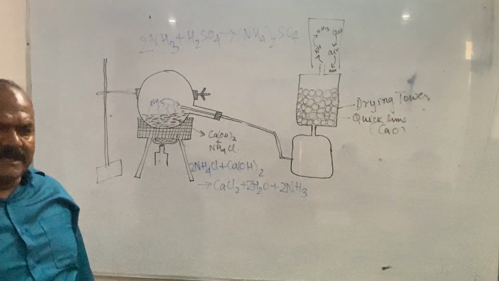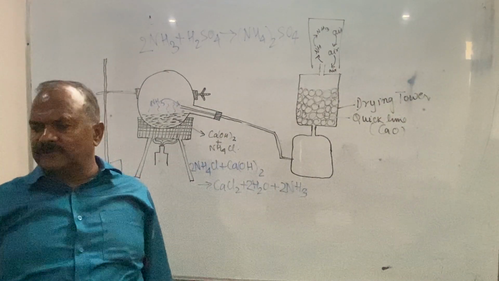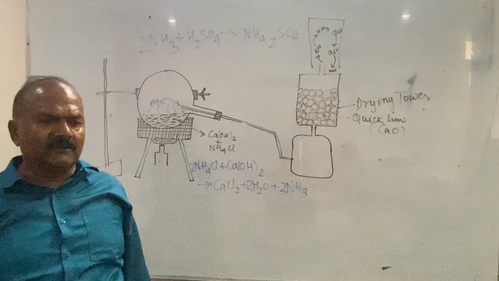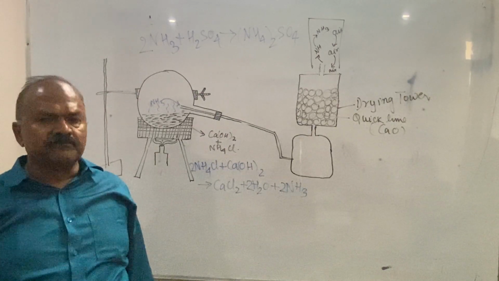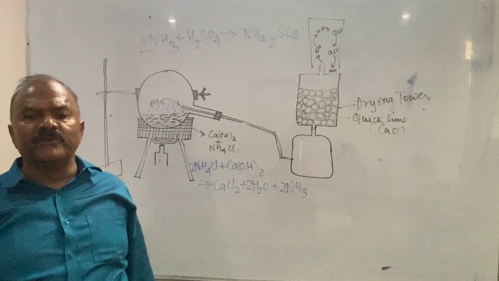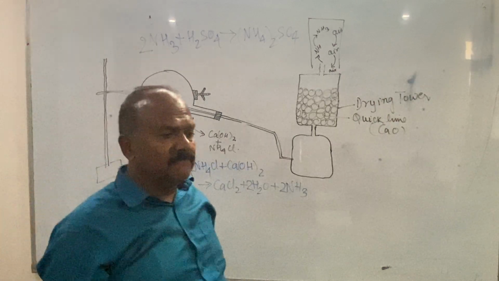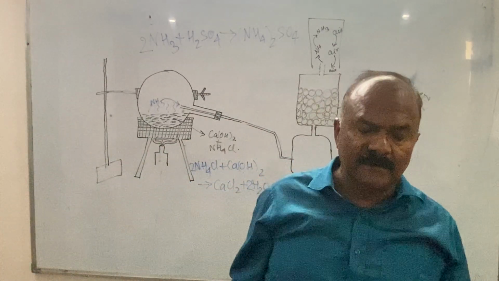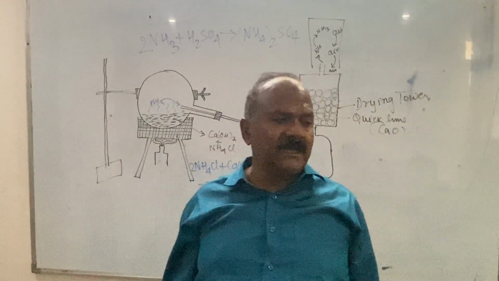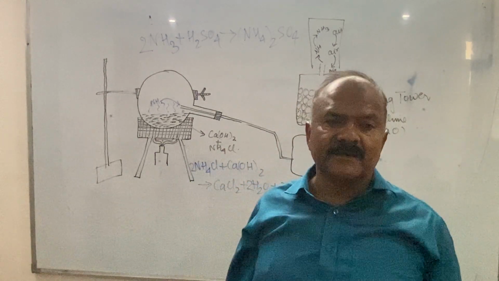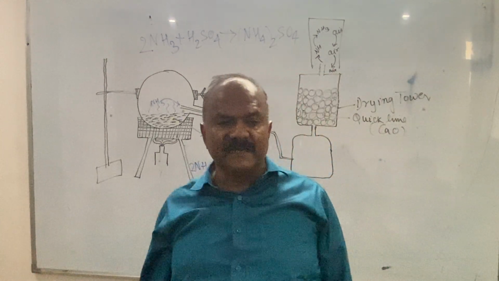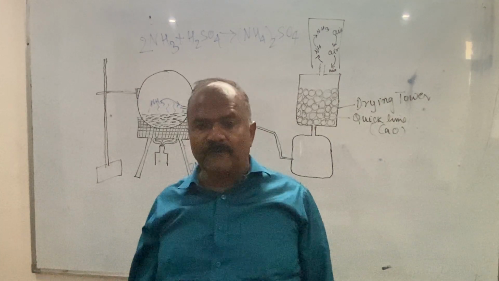Even if it is P2O5, P2O5 is also a drying agent only, but that also we cannot use. Why? Because it will form ammonium phosphate, (NH4)3PO4.